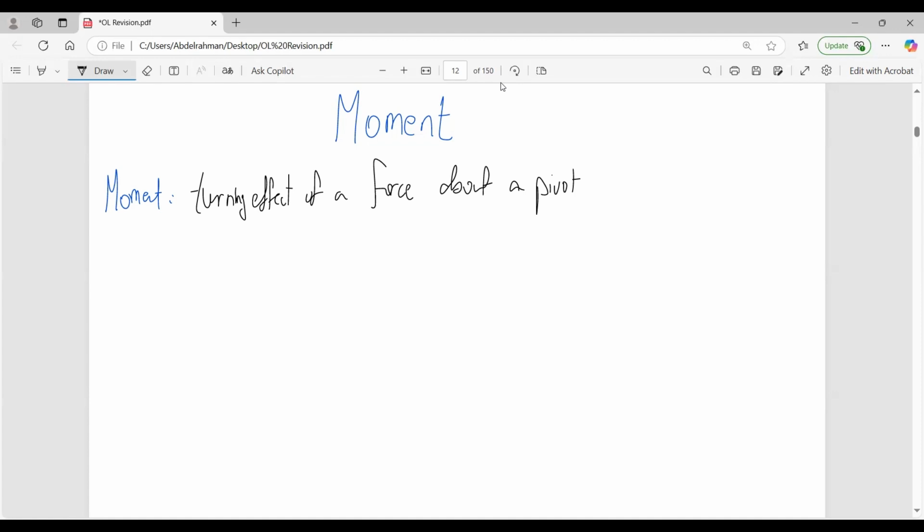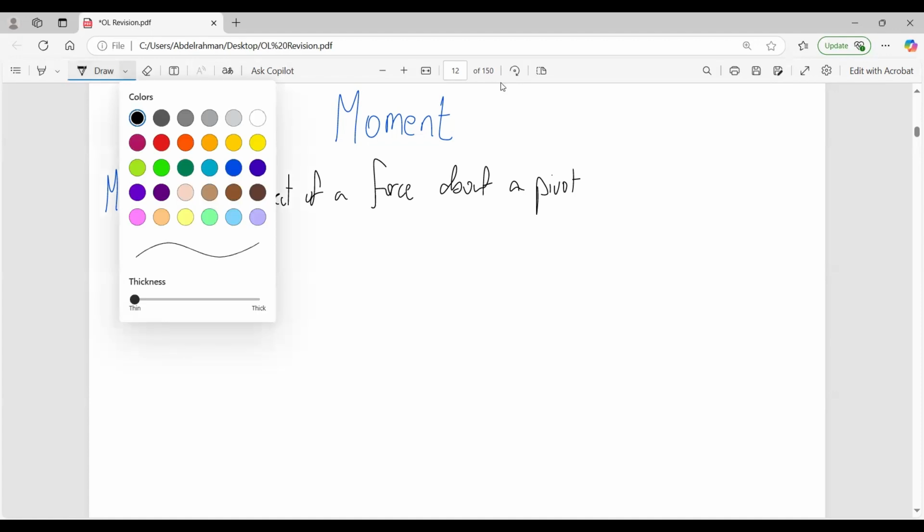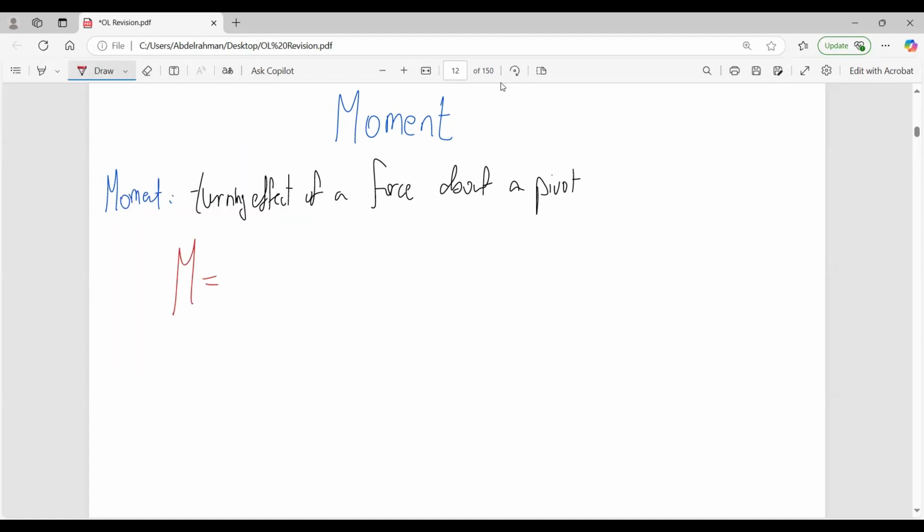Anyway, moment, how can we calculate moment, guys? Moment is the force times the perpendicular distance. Force times the perpendicular distance, and the distance has to be perpendicular. Why? If the distance was parallel, it wouldn't rotate, it would move, and hence we would be calculating the work done.